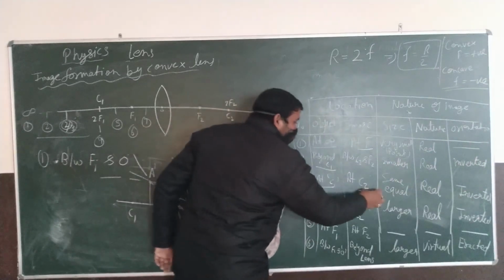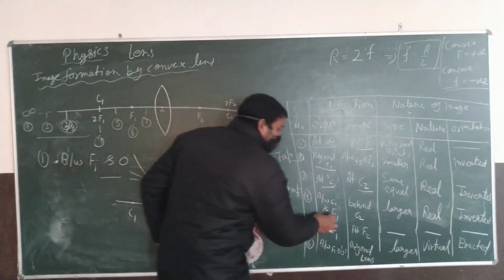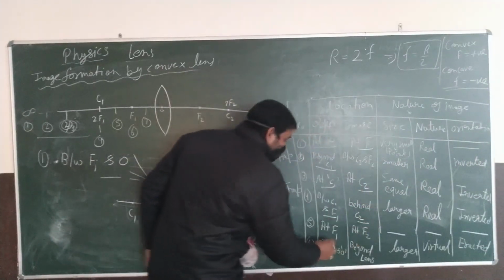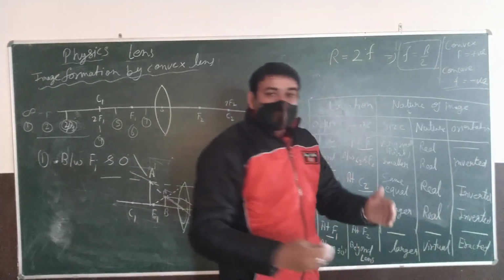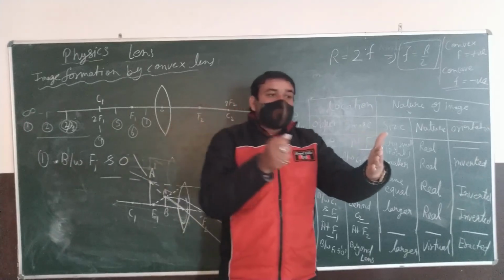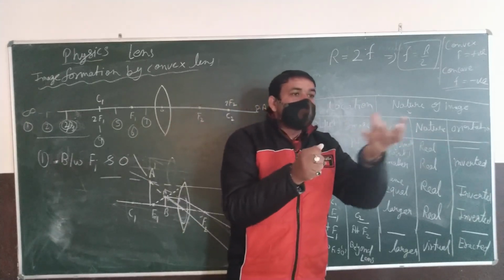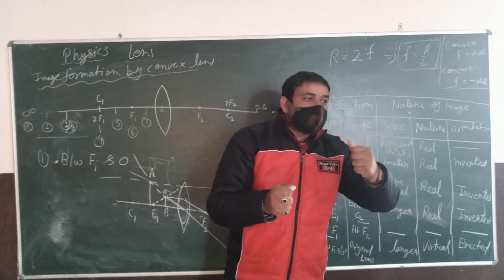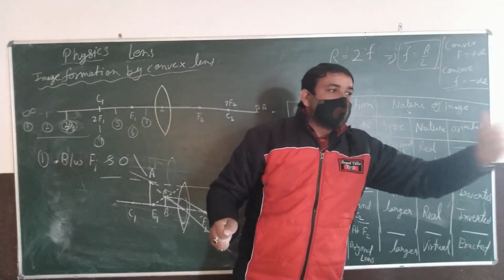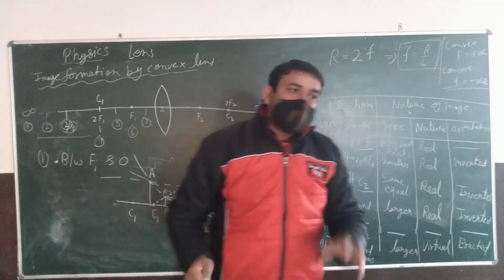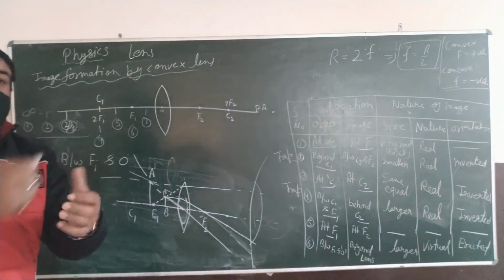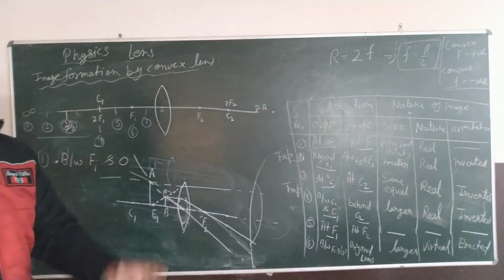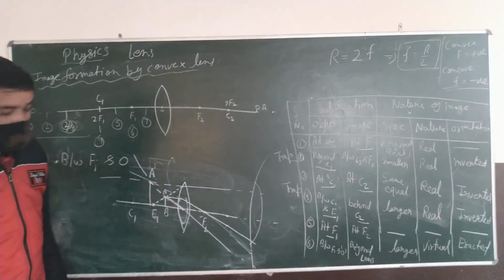At C, again at C, between C and F, beyond C. At F, it is very far, at infinity. So as the object is moving towards the lens, the image formed by it is moving away from the lens. This is the first and very important nature of image formation by the optical bench. Okay, thank you.